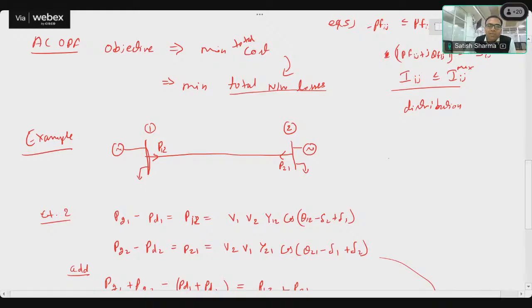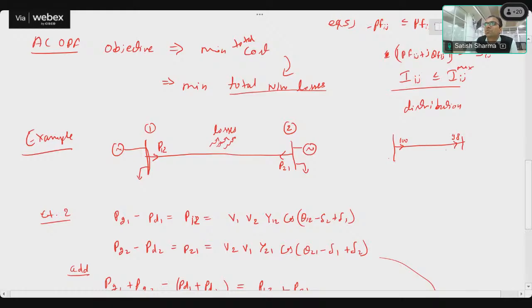So we all agree that if I send some power from 1 to 2, some losses will happen in the line, the I squared R losses. So let's say these losses have been placed, and we will get somewhat less power at P21. If I am sending, let's say, 100 from here, I will get 98 there.